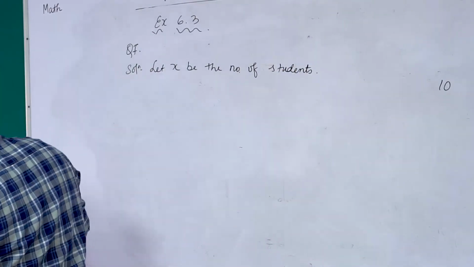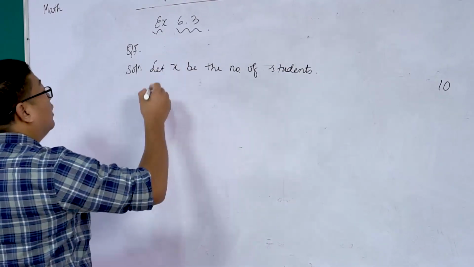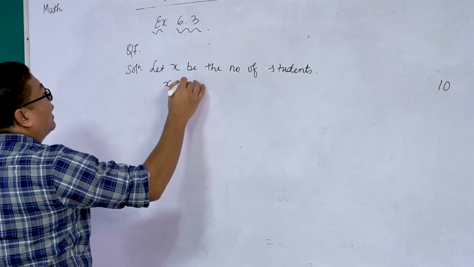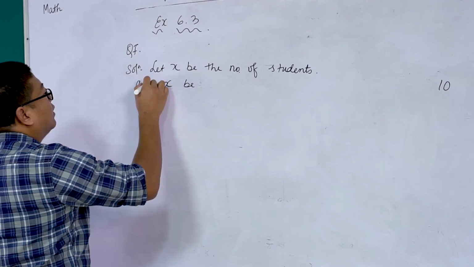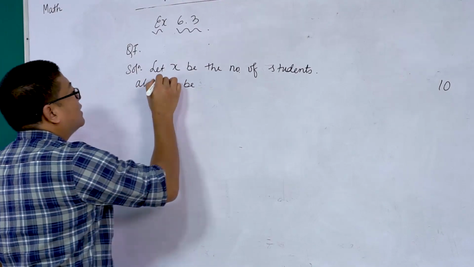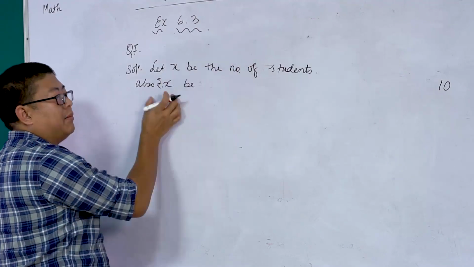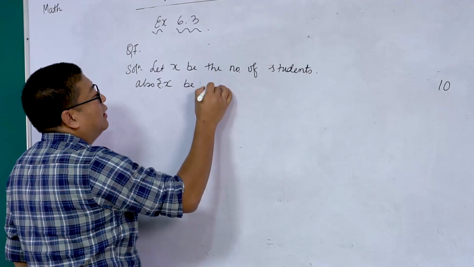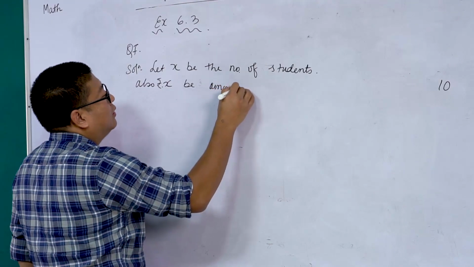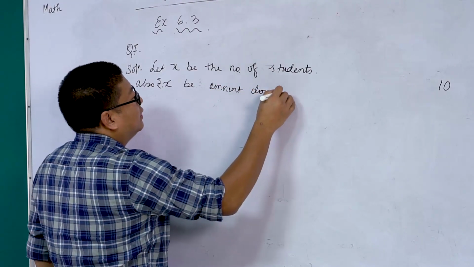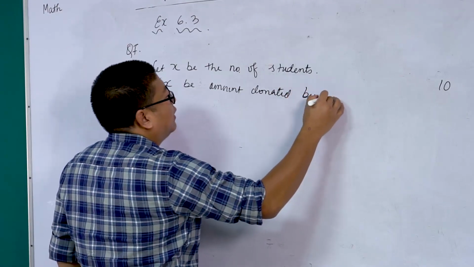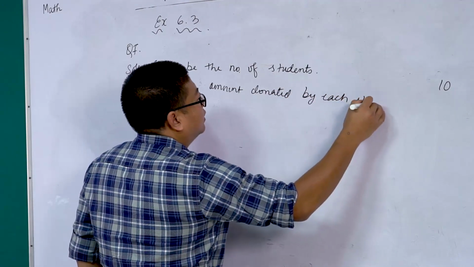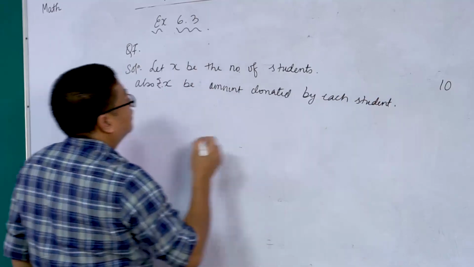All right. And also X be rupees X, because number of students and amount is same. So X be the rupees X be the amount donated by each student. All right.